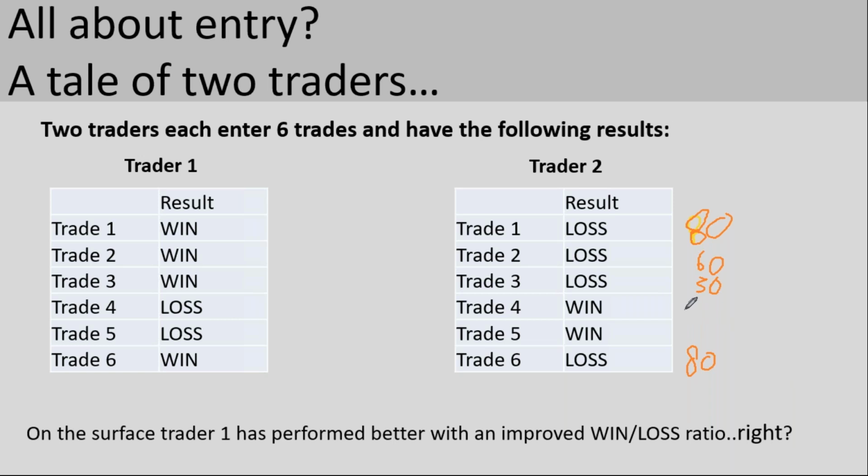And our wins, because we've let them run, because we've had that trail stop system, let's just say that is 210 and 250. Okay, so if you add that up, that's 460 profit. We've got 160, 250, 250 went against us, so we've made $210 profit.